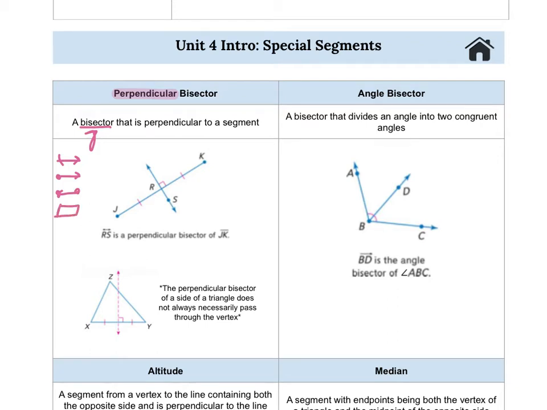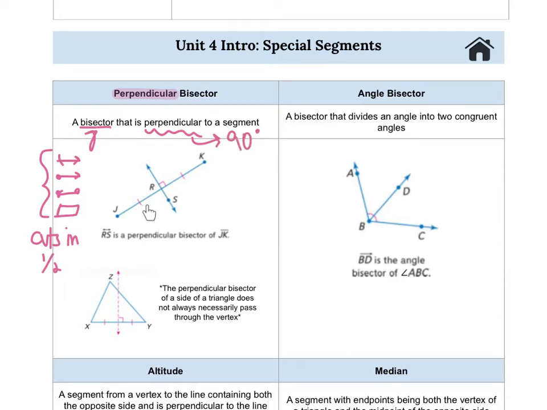A bisector is just one of these four things that cuts something else in half. So it bisects, cutting into two equal parts. A perpendicular bisector is a bisector that is also perpendicular. Remember, perpendicular makes that 90-degree angle.